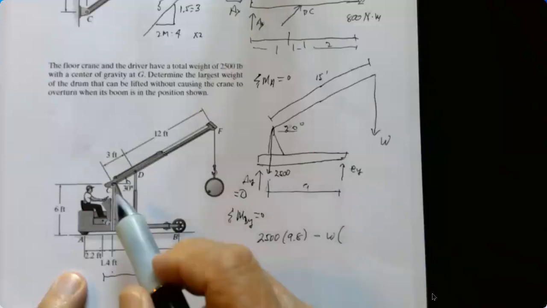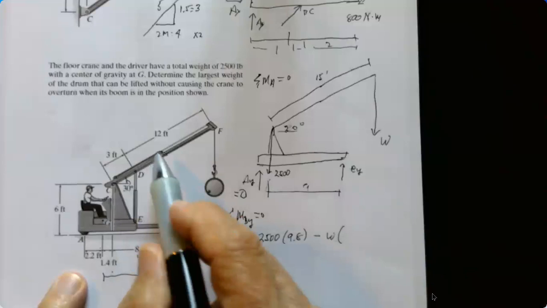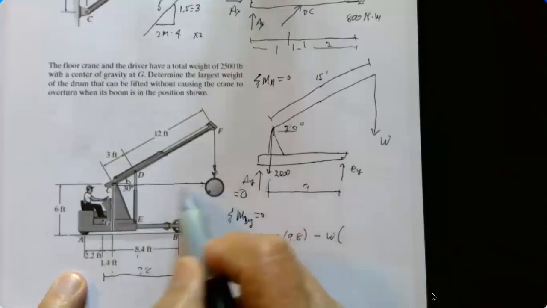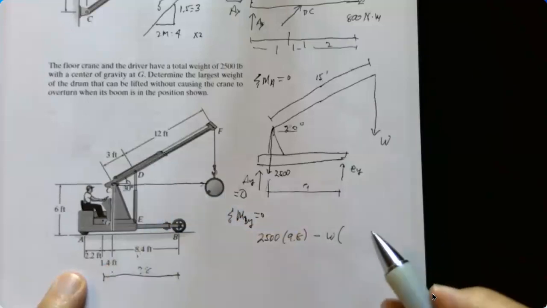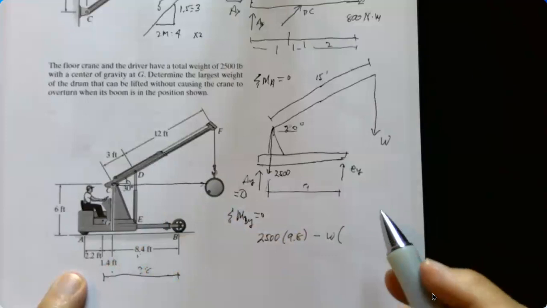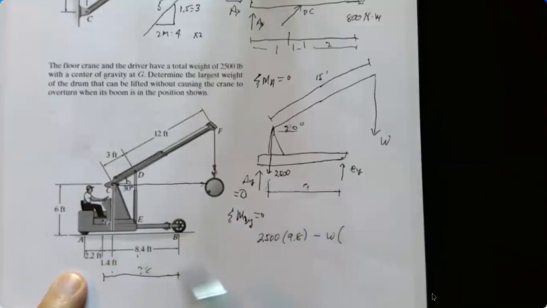What we'll do is convert this 15 to get that distance, and then we'll subtract this distance from it to get the distance out from this wheel here out to this distance here.